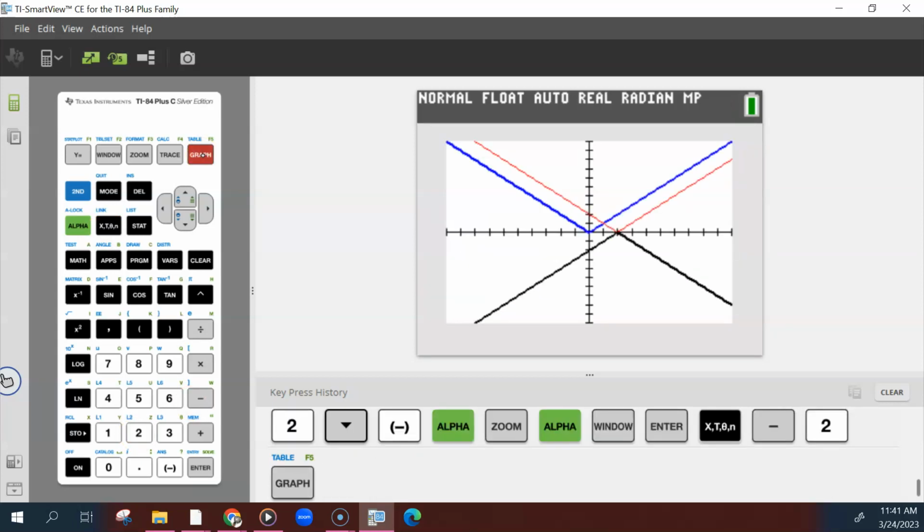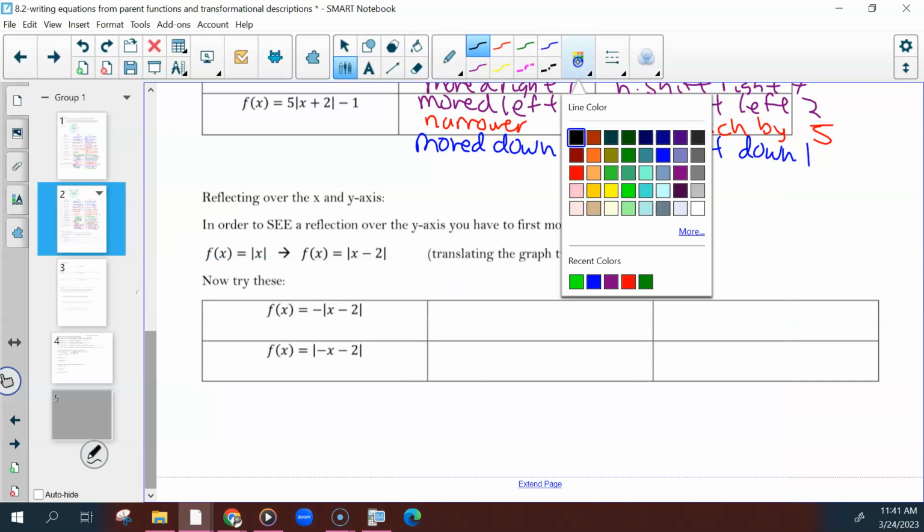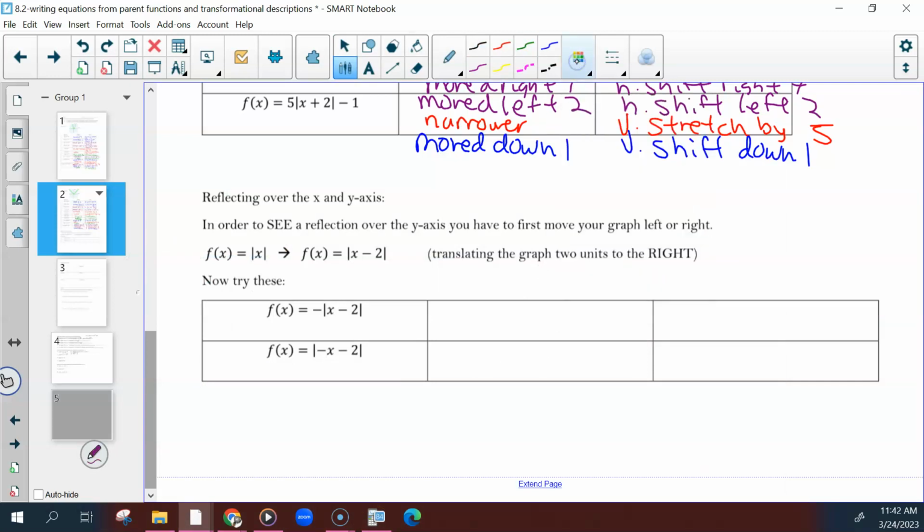So the blue is the original, the red is when it moved to the right, and the black is it moved to the right and flipped upside down. So it did both of those things. So we can fill that in, and then I'll show you what happens to the next one. So we knew already that it moved to the right.